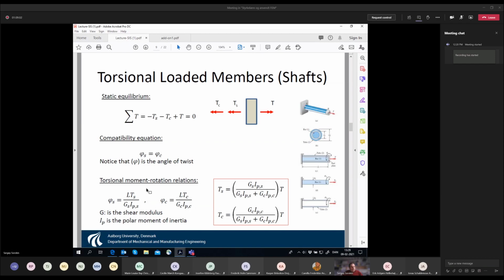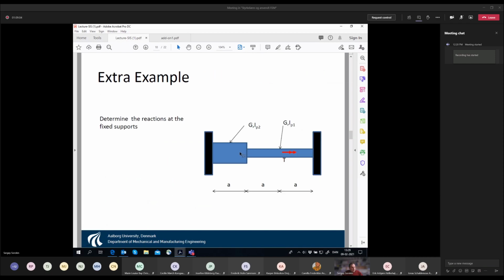But for each component, for this component, this component, and this component, we have to plug in its own parameters. For example, for this component, the length is A, the rotation stiffness is this one, and the torque is, let's say, torque left. So this is the rotation angle of this cross-section with respect to this one.